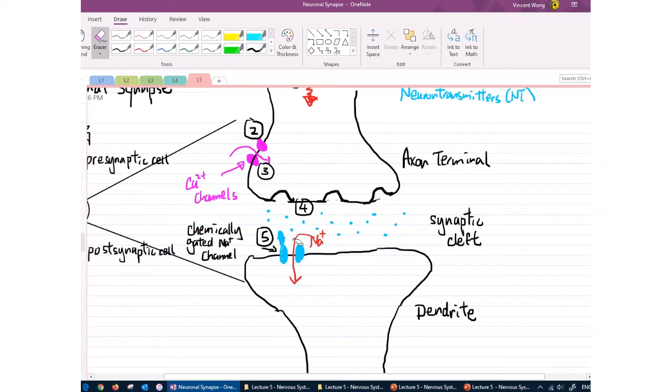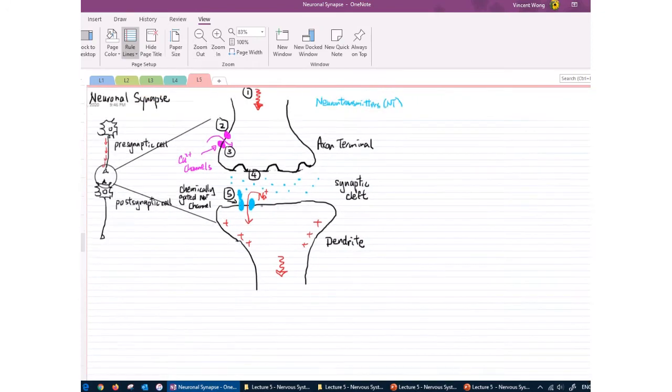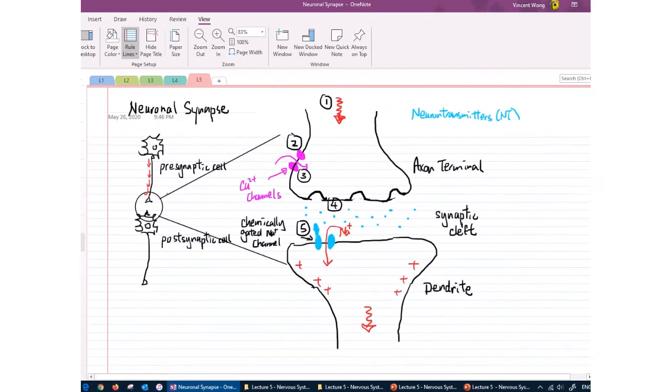Okay, and if enough sodium moves into the cell, then it is going to cause the inside to become positive, and that will trigger the action potential in the next cell. Okay, that's basically how the signal goes from one neuron to the next. And again, this all happens at the neuronal synapse, which is where one neuron comes into close proximity with another neuron.